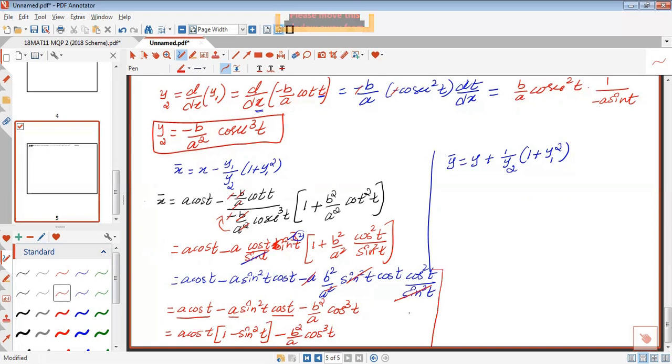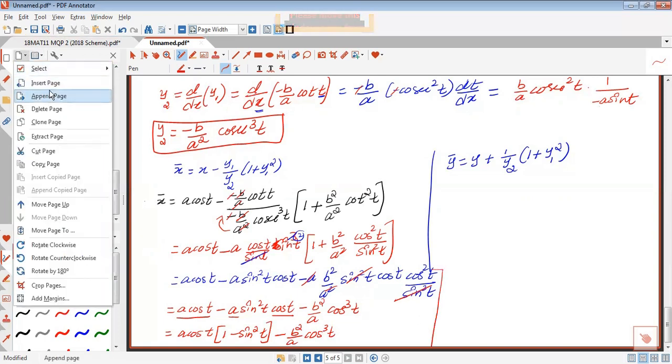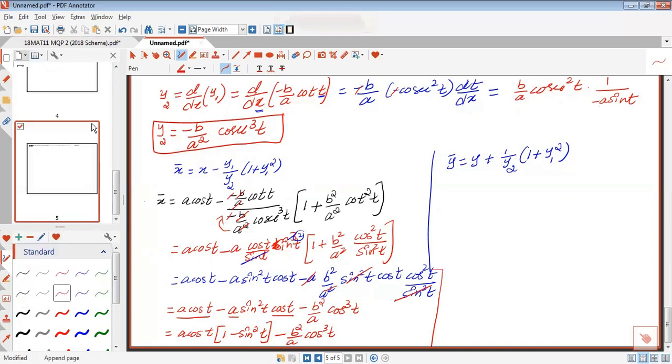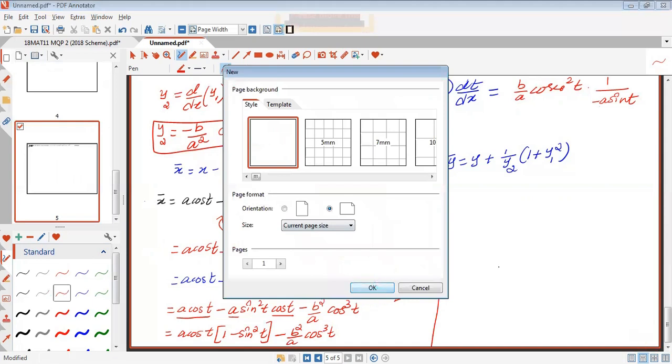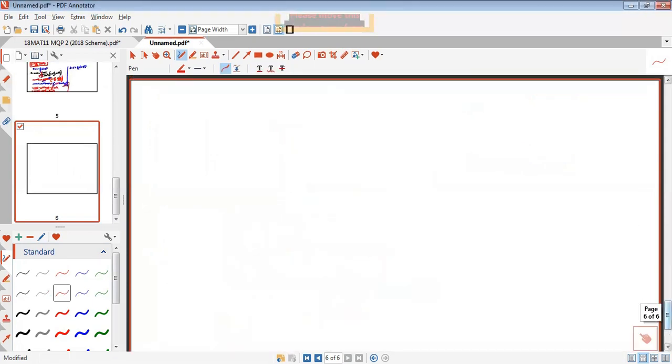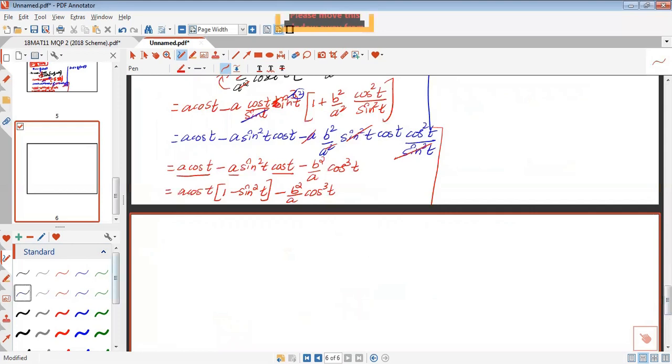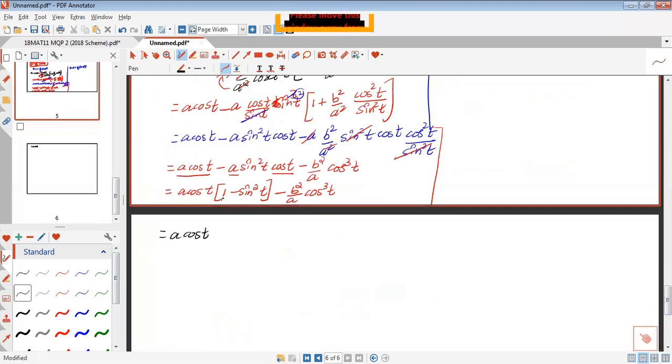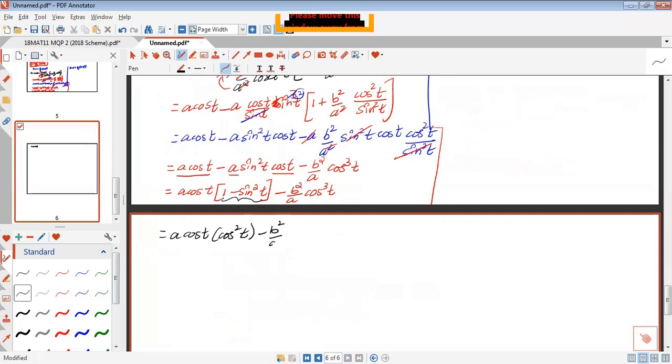Further, a cos t times 1 minus sin square t is cos square t, minus b square by a cos cube t.